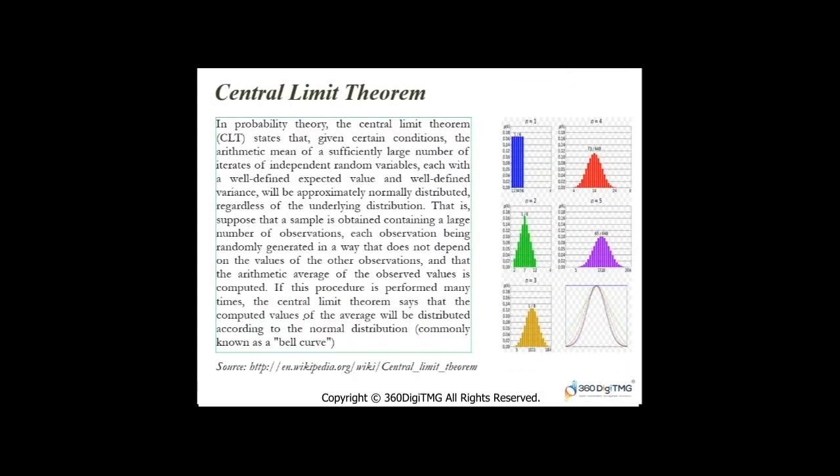Central limit theorem. I've taken this excerpt from this particular source. You can read it at your own leisure, but let me explain in my own words. Whenever you want to do some analysis on the data, you would never get access to the entire population. Think about Apple.